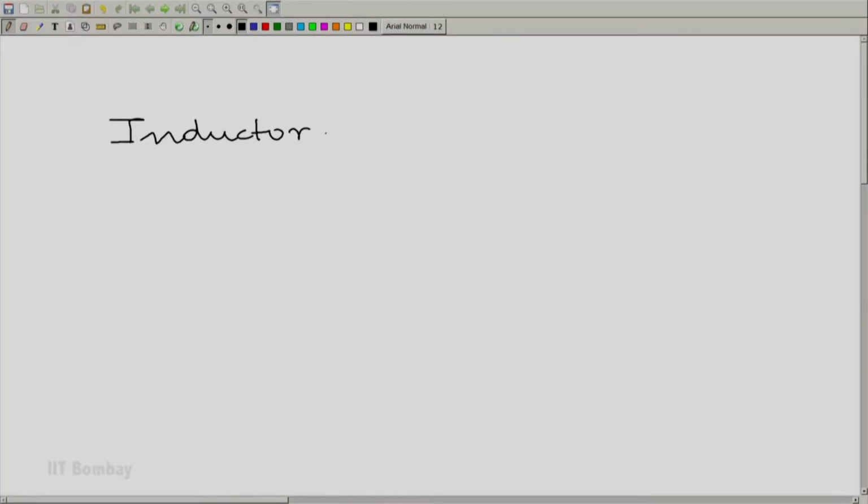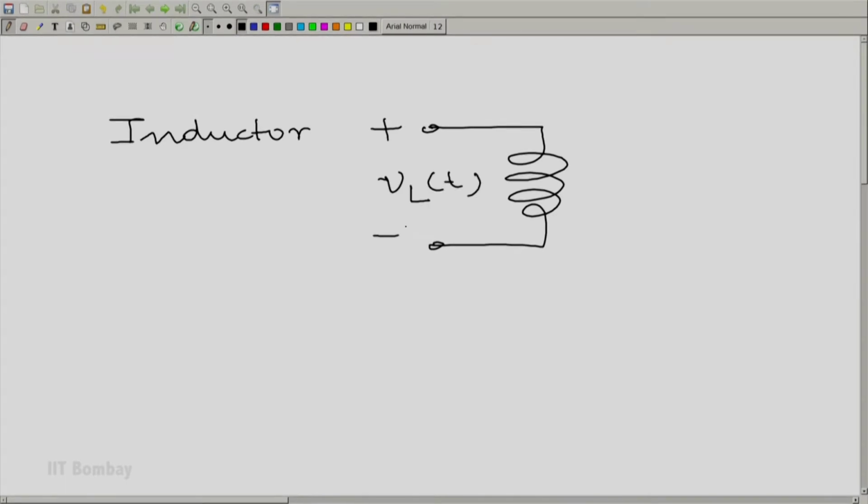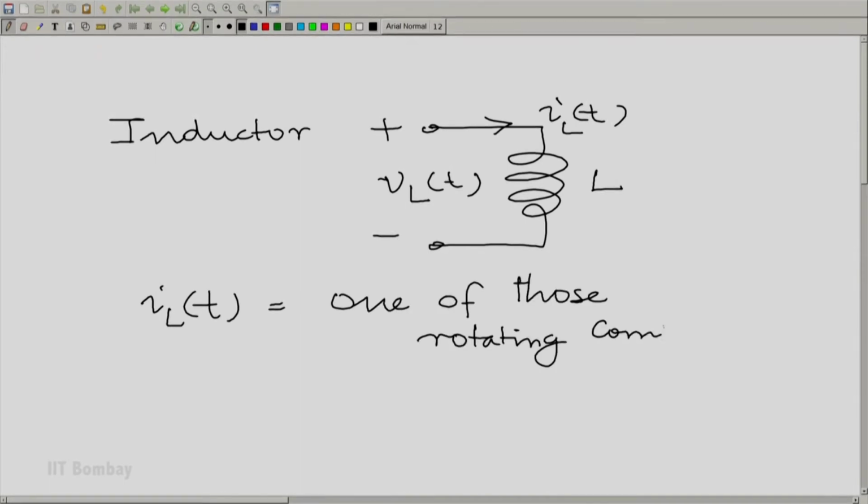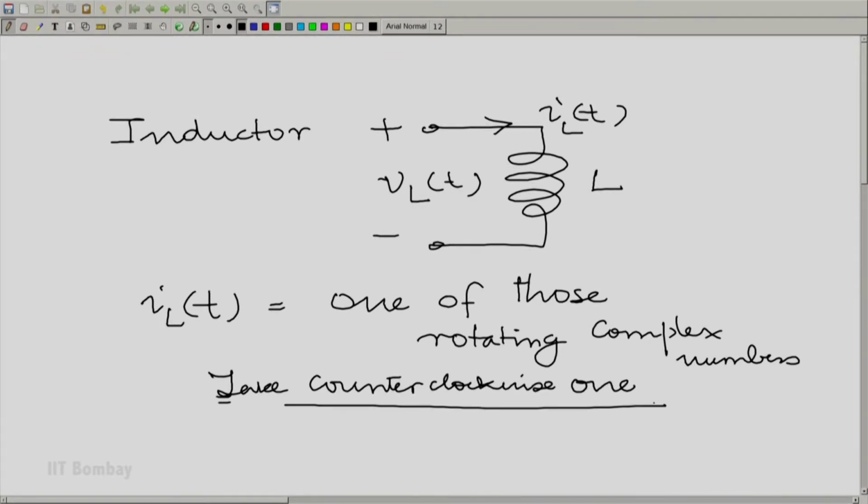Suppose you had an inductor, there again with v_L(t) and i_L(t) as before, an inductor value L. And let us assume that i_L(t) were not I0 cos(omega t + phi 0), but one of those rotating complex numbers. Let us take the counterclockwise one.